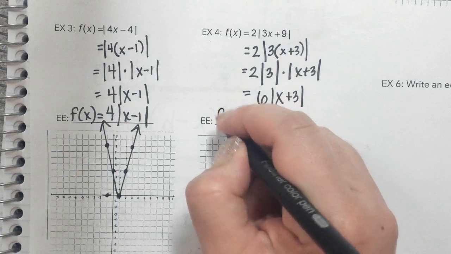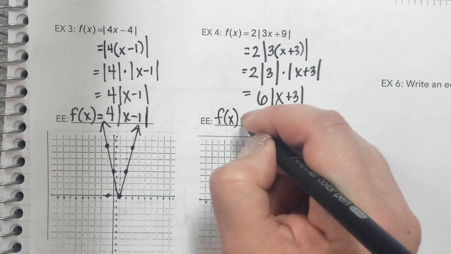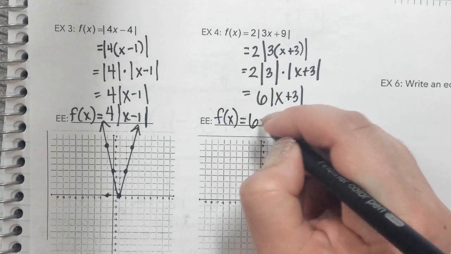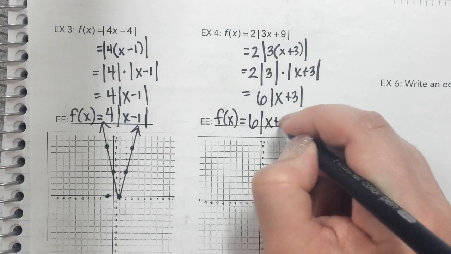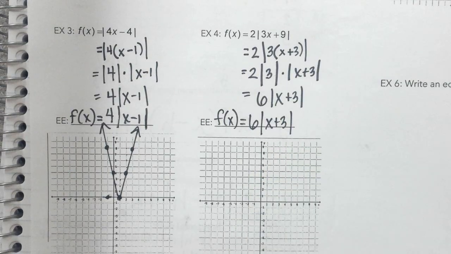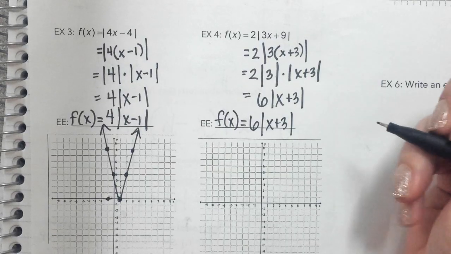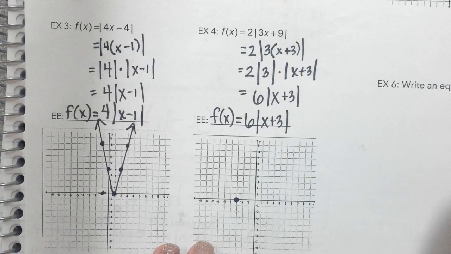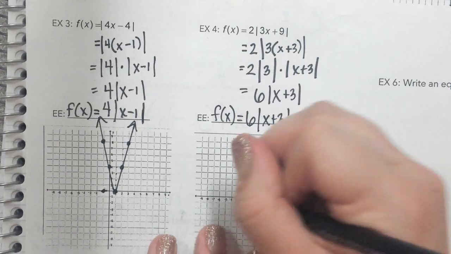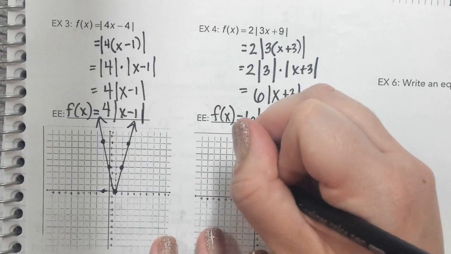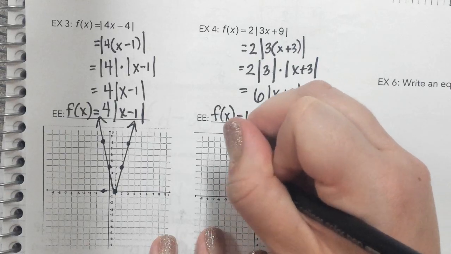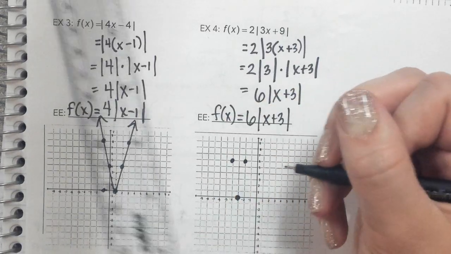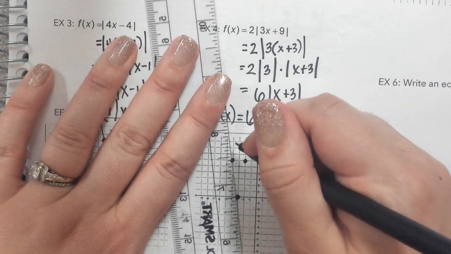That would be our equivalent equation: f of x equals 6 absolute value of x plus 3. This one would be shifted left 3 and vertically stretched by 6, so up 6 over 1, and that's the only point we can plot there.